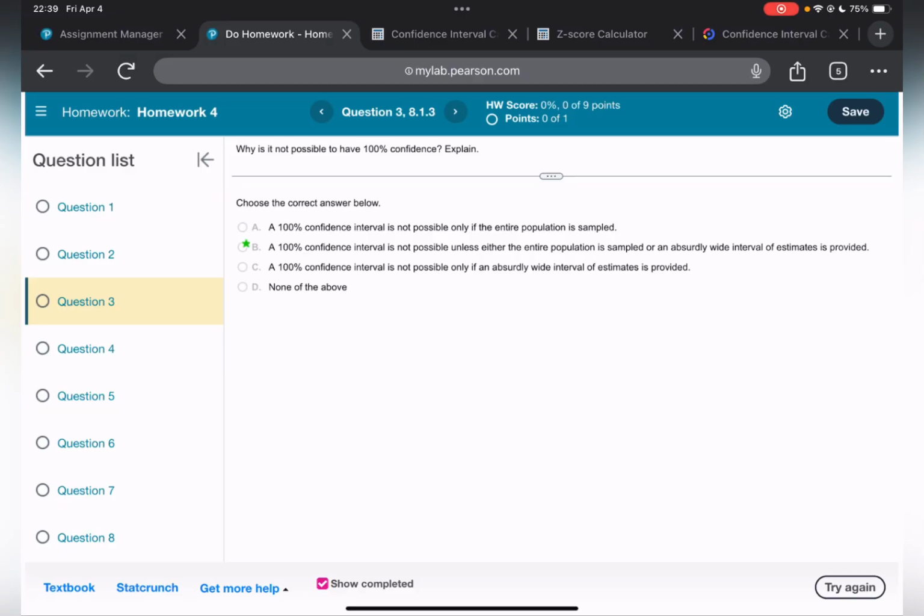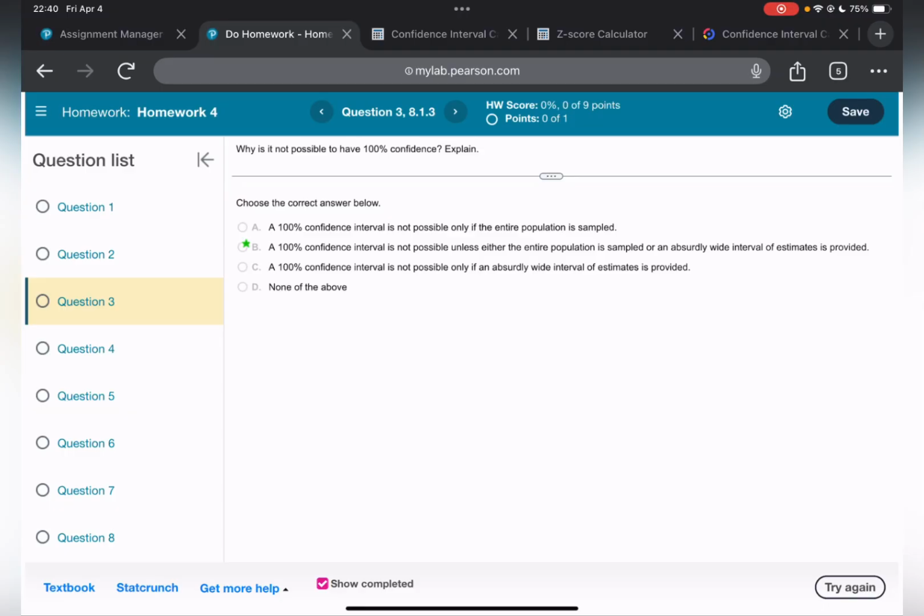I'm trying to read these answers. Let me read the rest of the answers and explain why that cannot be the case. B: A 100% confidence interval is not possible only if the entire population is sampled. It's the opposite. If the entire population is sampled, let's say you have 40 people, more than 30, and you question every single one of the 40, then you can get a 100% confidence interval, right?